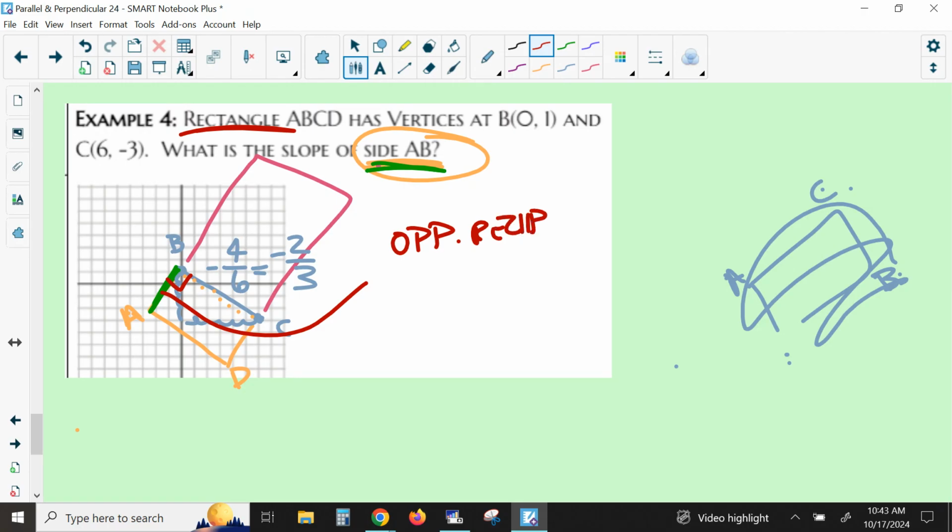What's the opposite reciprocal of that? 3 over 2. So the slope of side AB has to be that.